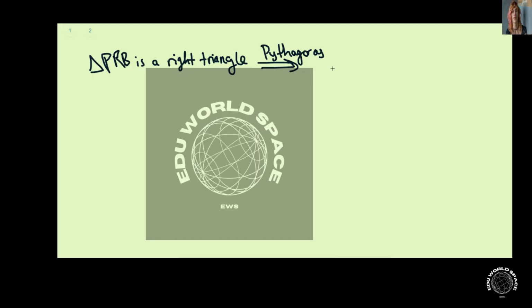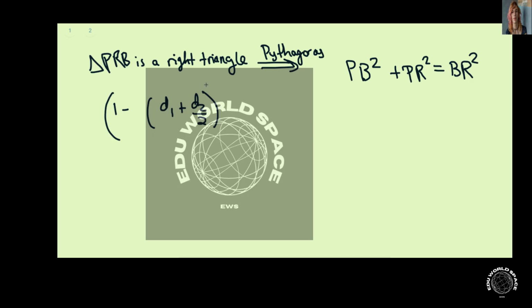this time we'll have, so first let me use the letters, this is PB squared, plus PR squared, equals BR squared. Now using our d's, this is d1 plus d2 over 2, that's all PB.